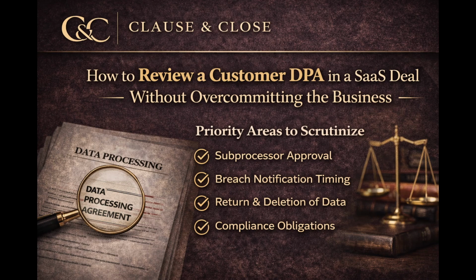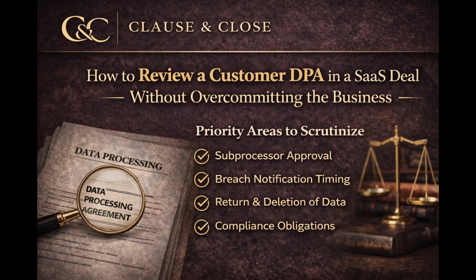The fifth priority area is sub-processor mechanics. This is one of the most operationally important parts of the DPA and one of the easiest places to overreach. A customer may ask that the vendor obtain prior written consent before appointing any new sub-processor.